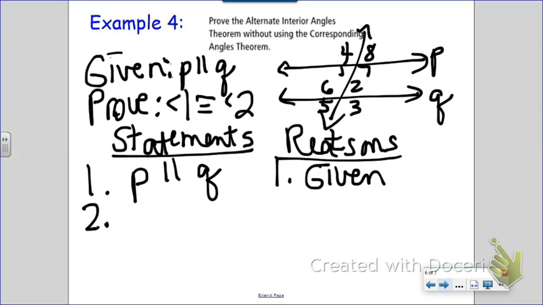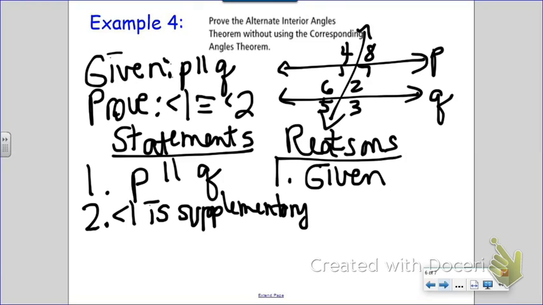So I'm going to have angle 1, we know is supplementary to angle 4. And those are by linear pair postulate.